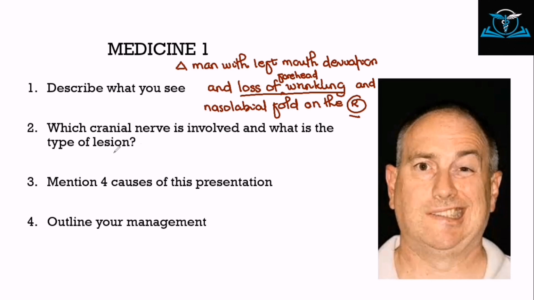Sandra, what did you so write? I wrote cranial nerve 7, in brackets facial nerve. Okay. Anybody else with a different answer? Nanama, what did you write? I wrote cranial nerve 7.